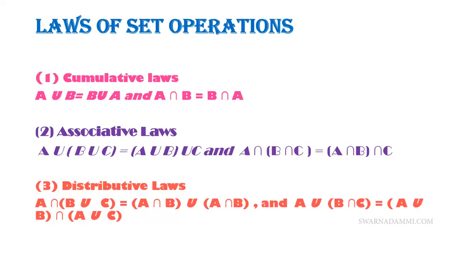Laws of set operations. Commutative law: A union B equals B union A, and A intersection B equals B intersection A. Associative law: A union (B union C) equals (A union B) union C, and A intersection (B intersection C) equals (A intersection B) intersection C. Under the distributive law, A intersection (B union C) equals (A intersection B) union (A intersection C), and A union (B intersection C) equals (A union B) intersection (A union C).